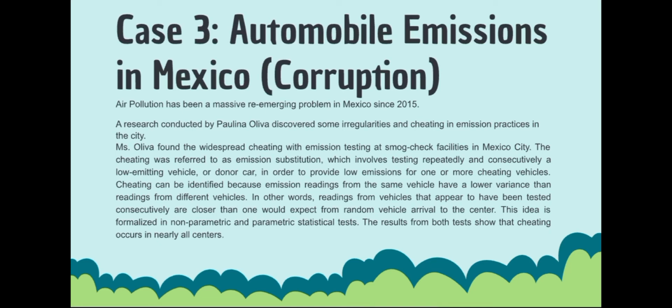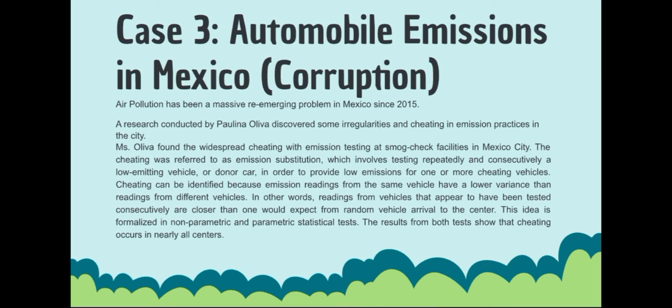The cheating was referred to as emission substitution, which involves testing repeatedly and consecutively a low emitting vehicle. So they are using a vehicle with low emission and then using those results for violators. They call that the donor car, and the donor car provides low emission readings for one of the cheating vehicles.